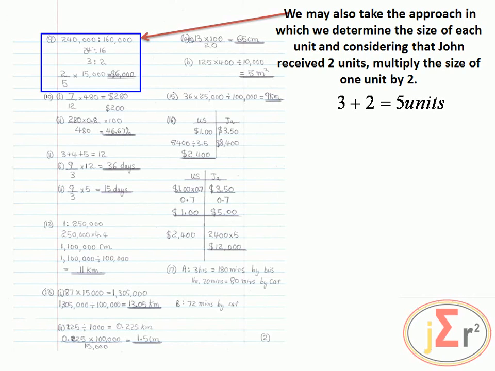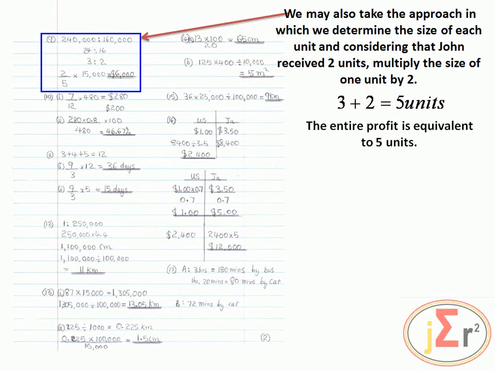So we are saying that because of the numbers that we have here in the ratio, the entire amount may be considered as having 3 plus 2 is equal to 5 units. So the entire amount may be considered to be 5 units. So the entire profit is equivalent to 5 units.